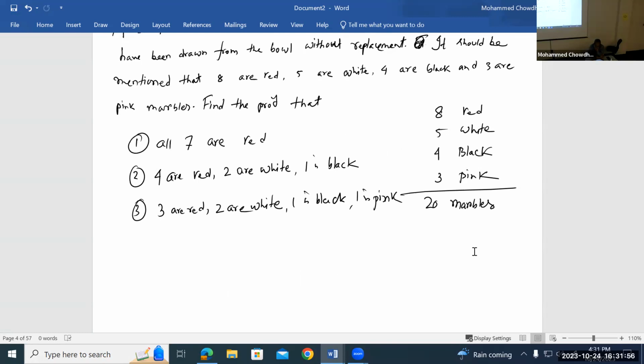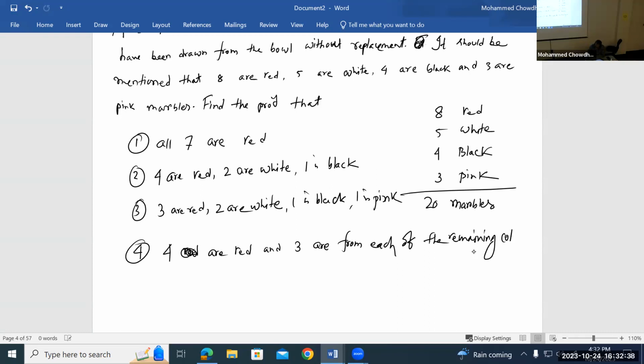All 7 are white. Four are red, and 3 are from each of the remaining colors. You are understanding, right?